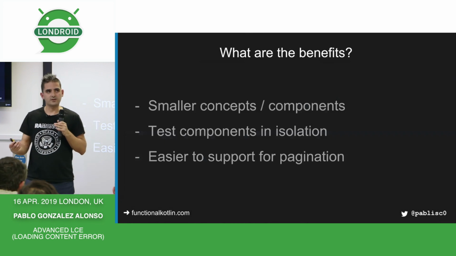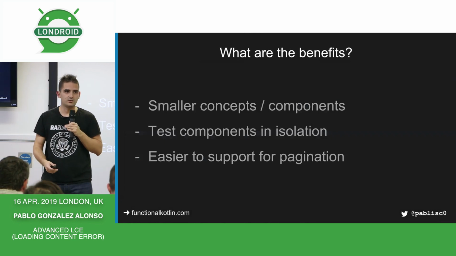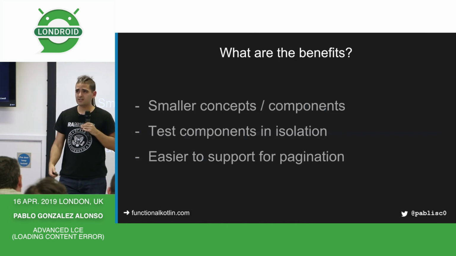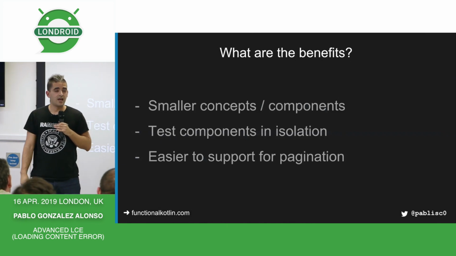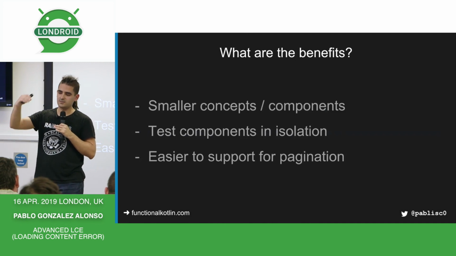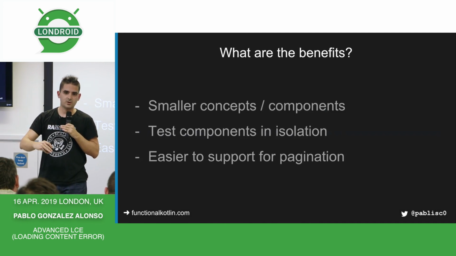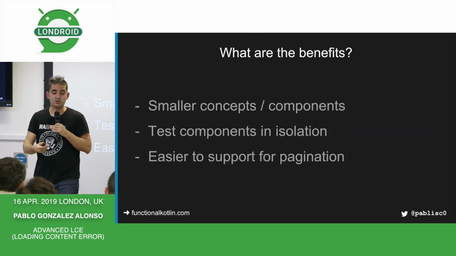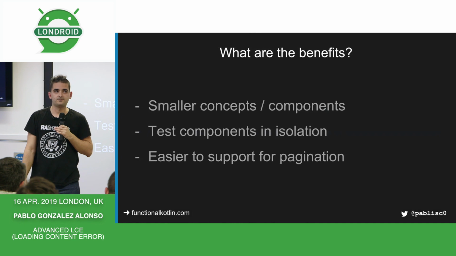Always good to have small things because it's easy to understand and you don't want to overcomplicate things. You can test them in isolation if you need to. And now, because we are rendering the second level of the state machine in the adapter, we can actually support pagination a lot easier than in the other one.